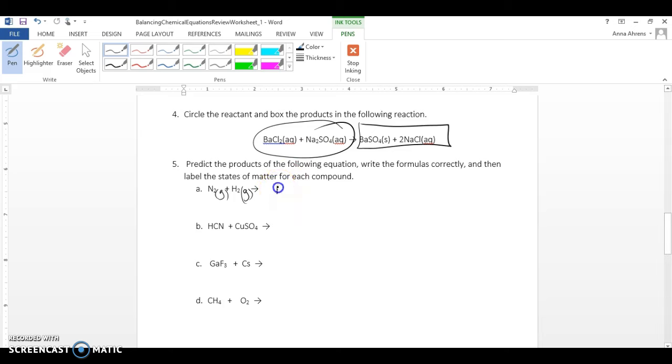So we have nitrogen that has a -3 charge, and hydrogen that has a +1 charge. So we can crisscross applesauce and we get H3N. So that is actually hydronitric acid, so that is going to be aqueous.